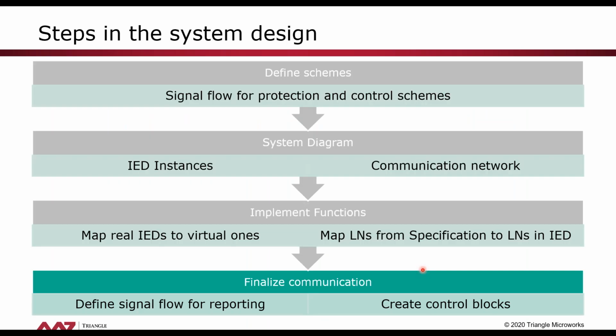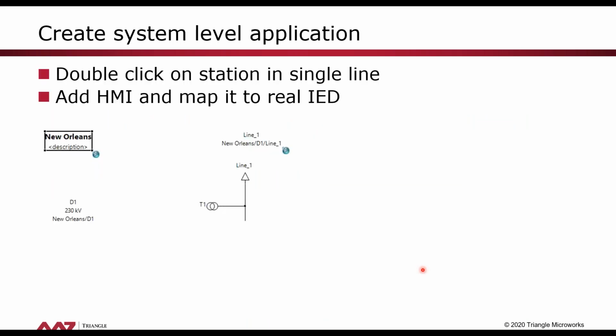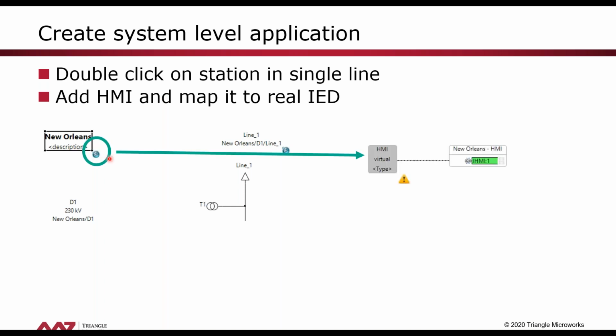Once everything is linked, we have to finalize our design. The first thing we need to do is to define the signal flow for reporting. So the MMS-based reports that are sent, as an example, to the HMI. This we can do in a function editor on the substation layer level, that when we double click here, we get a function editor where we can place a virtual HMI, where we can add an HMI function with a logical node IHMI.